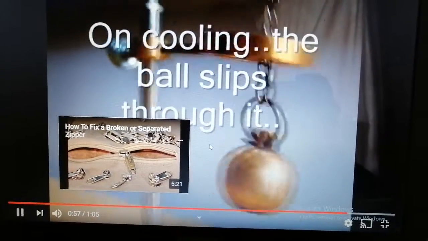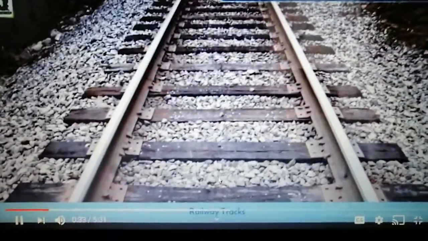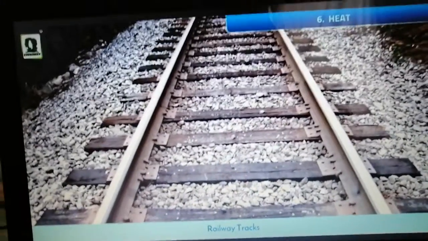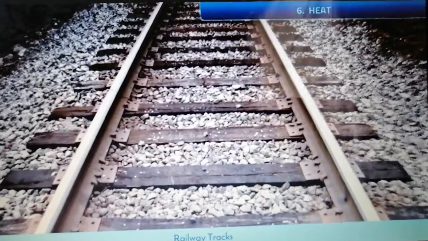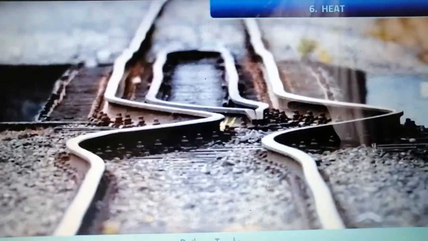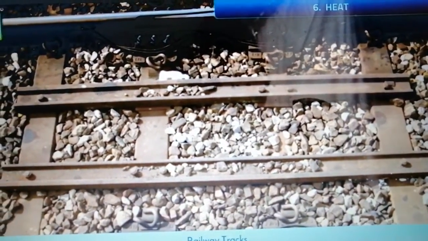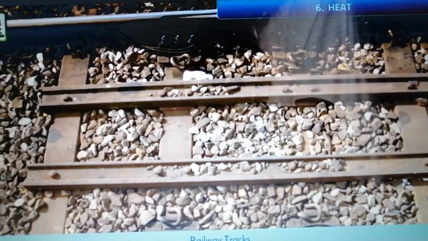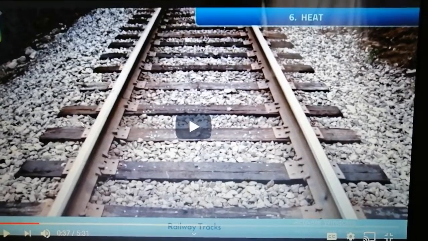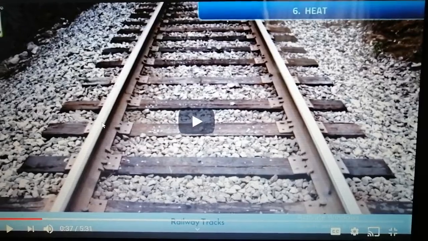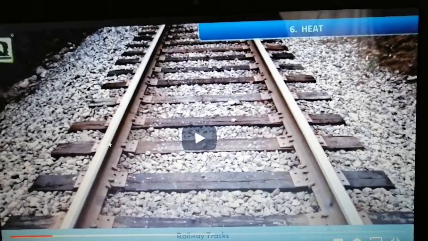Okay, this is another example, like I explained just now. With expansion in summer and contraction in winter, railway tracks can be damaged. To avoid this, they join the tracks with overlapping tapered ends. That's why they build the railway with the expansion joint.